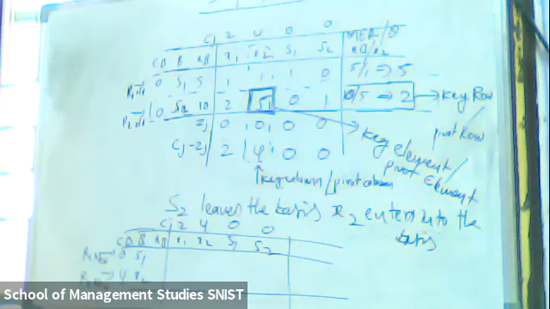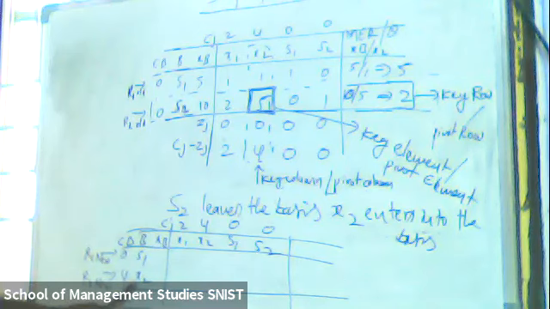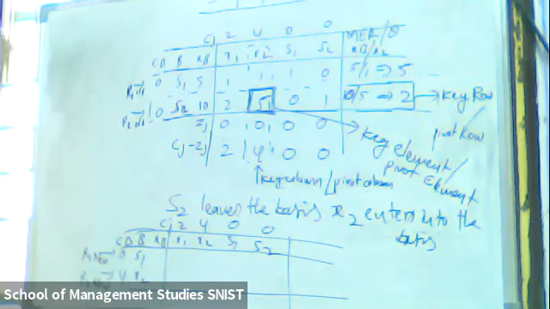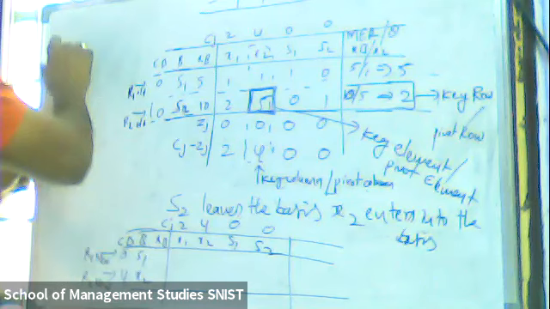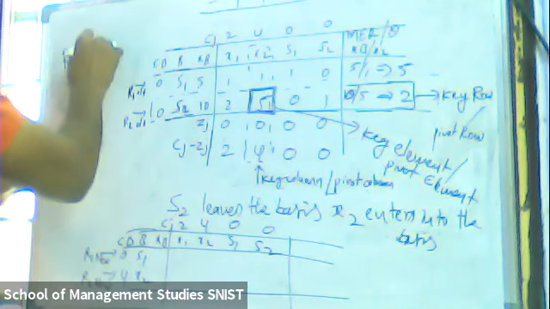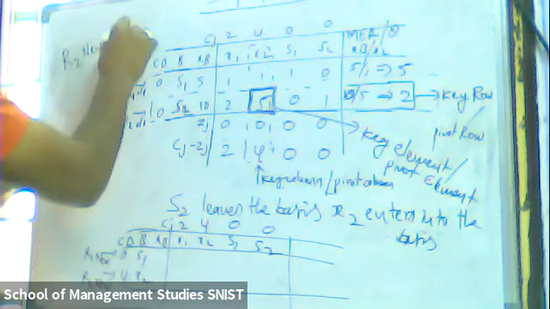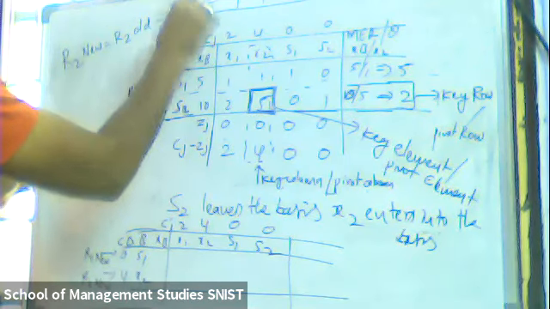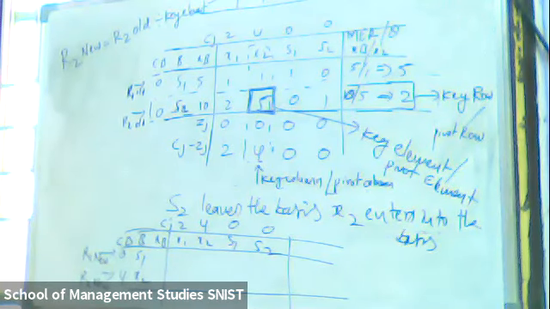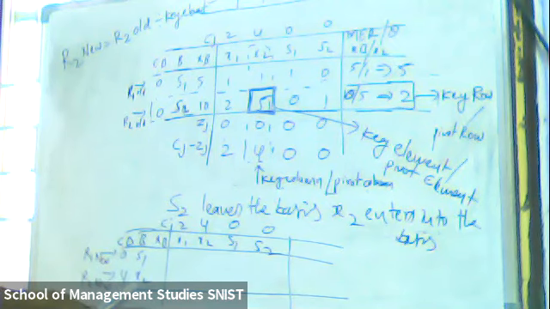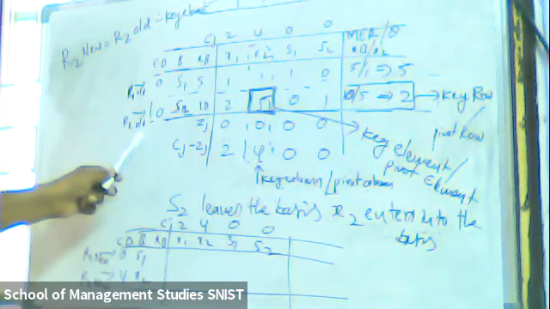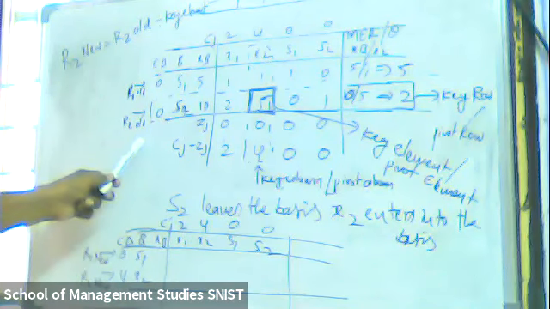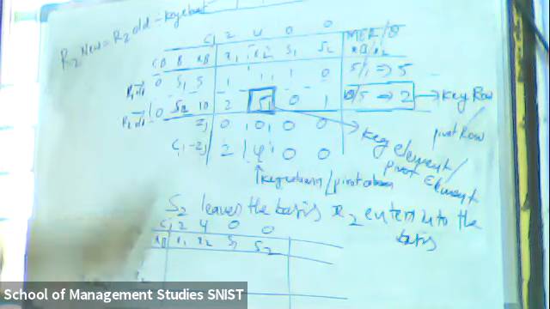Now first we need to find this. The simple formula is R2 new equals R2 old divided by key element.